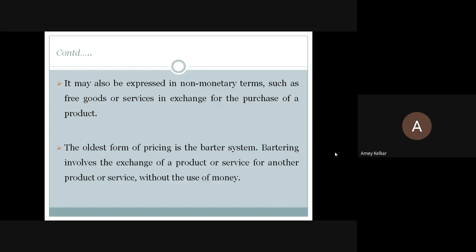Now, the oldest form of pricing is the barter system. This was the most ancient form, when we did not have a proper economic or monetary system. Bartering is a system which involves exchange of products or services for another product or service. In the olden era, not we, but our ancestors, used this barter system.